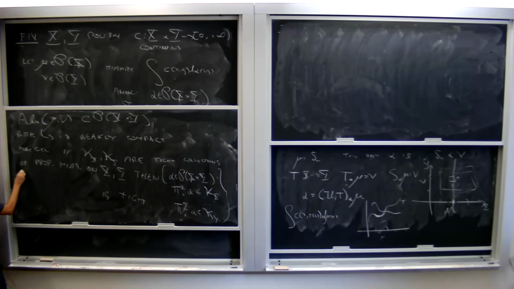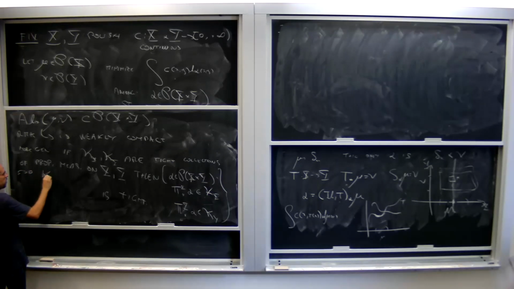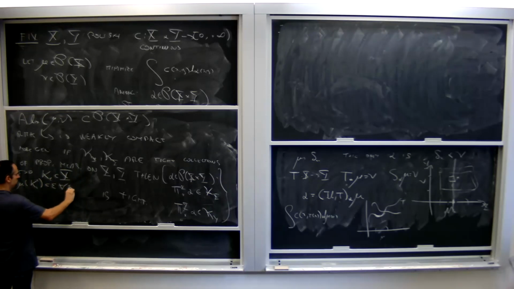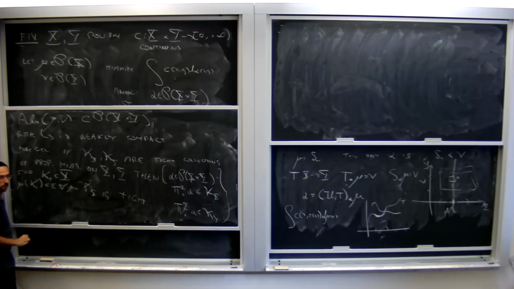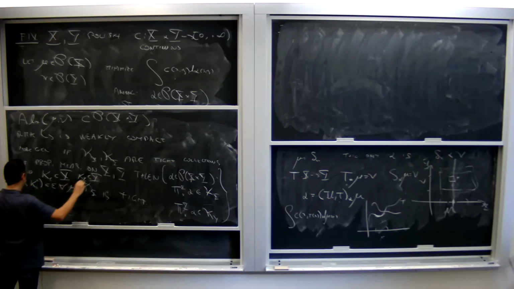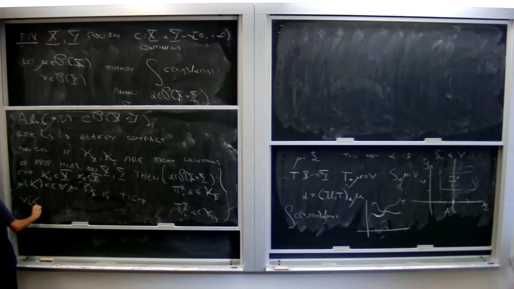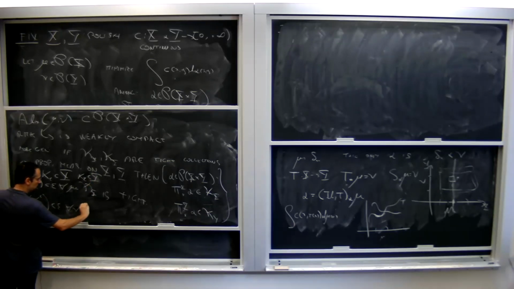So you give me ε, and I find K_1 inside X for which μ of the complement of K_1 is smaller than ε for every μ in K_X, right? And similarly, I also can find a compact set K_2 inside Y such that μ of the complement of K_2 is smaller than ε for every μ in K_Y, right? Make sense?